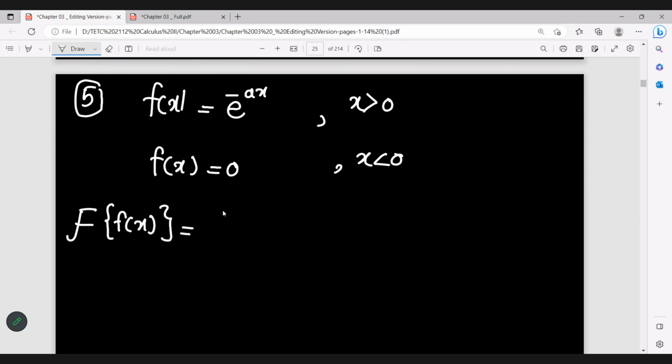Okay, let's recall the expression: 1 over square root of 2π integral from minus infinity to infinity f of x e to the power minus iwx dx.